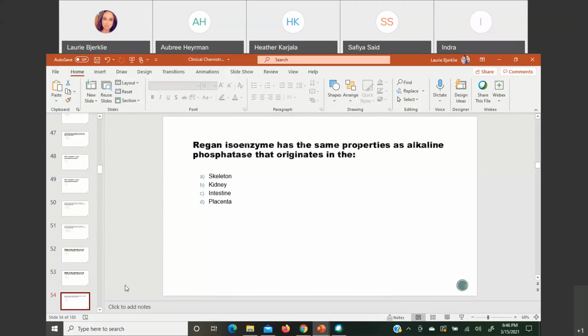Okay, the Regan isoenzyme has the same properties as alkaline phosphatase, which is ALP, that originates in what place? So the Regan isoenzyme is an isoenzyme of ALP. Where does it come from?